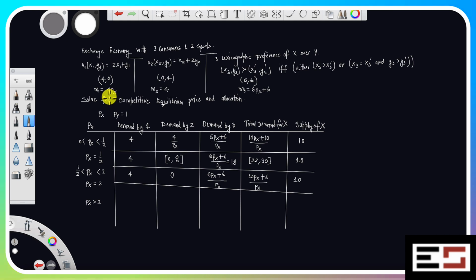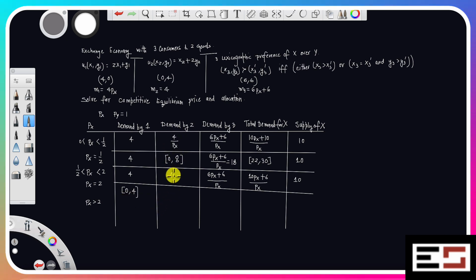So consumer 1 can spend any amount on X from 0 to 4px, and therefore anything between 0 and 4 is a possibility. He can actually choose anything between 0 and 4. Everything is utility maximizing.